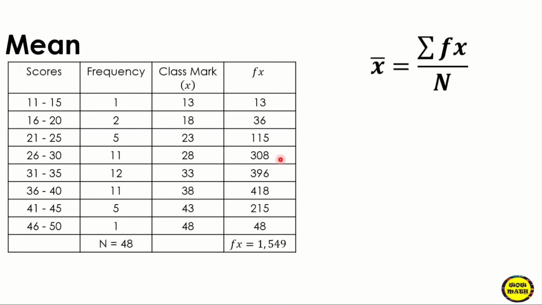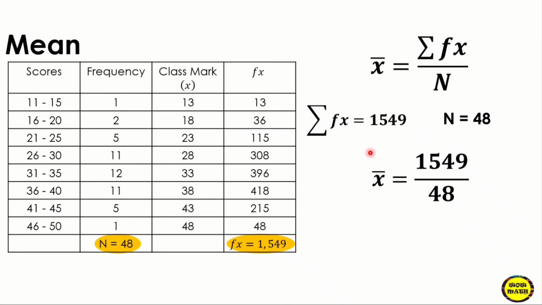So, using the formula, the summation of fx over n, yung summation of fx natin is 1,549, and then yung n natin is 48. So, i-divide lang natin yan. 1,549 divide 48. Okay, pwede kayong gumamit ng calculator dito, of course. That is 32.27. So, yung mean natin dito is 32.27.